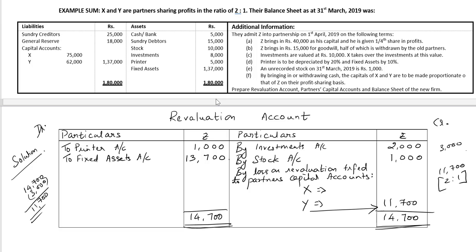So against Y we have 3,900 rupees, and against X we have 7,800 rupees. So this is the revaluation account that is prepared for this sum.